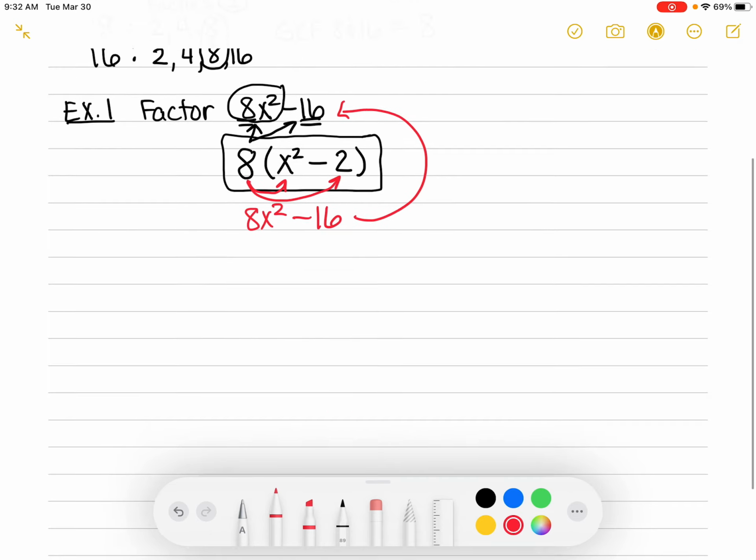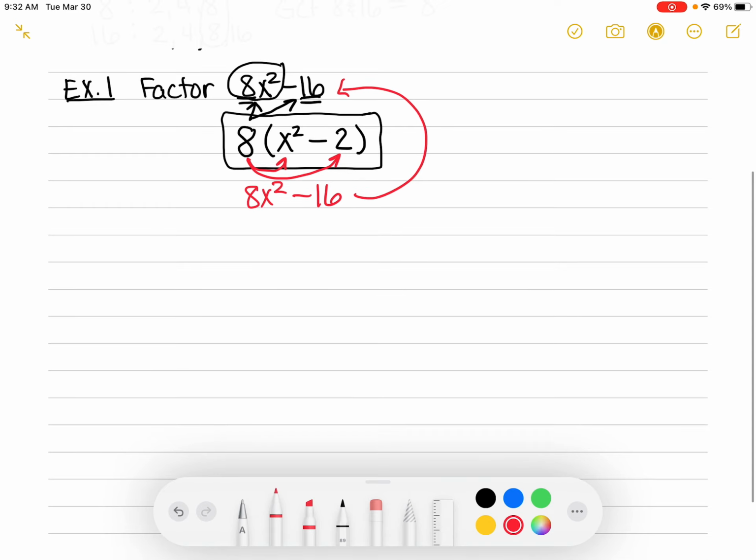Okay, let's move on to another example, and in this one, we will have a variable in it. So let's do example 2.